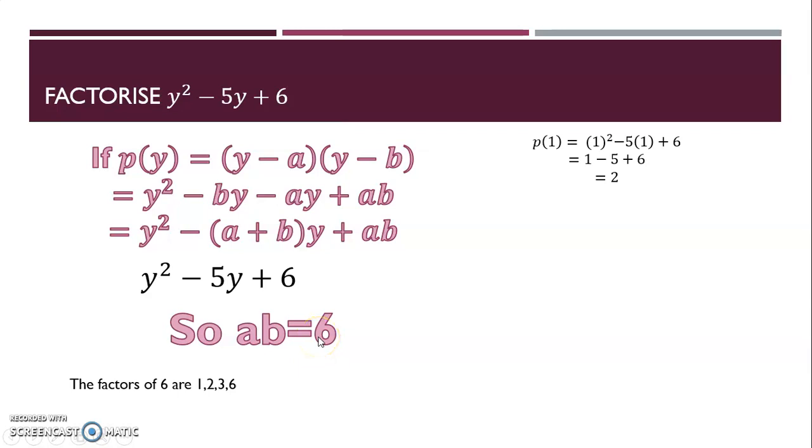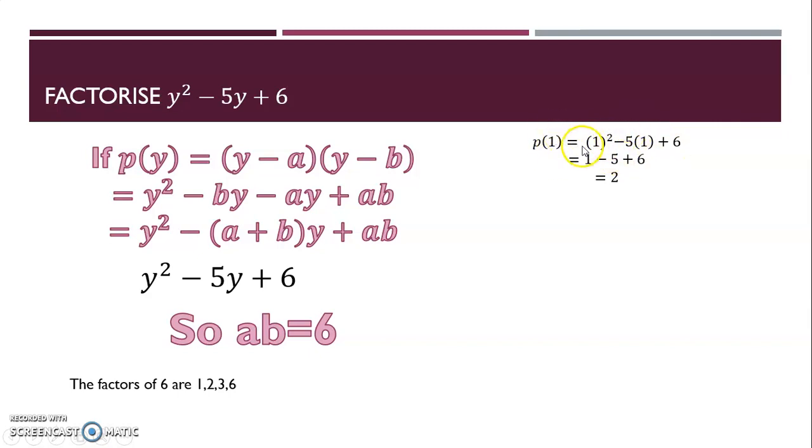So we are not sure which are the correct values of a and b, but we know that it is definitely two from these four numbers. So what do we do? If the value of a is 1, that is, if it is y minus 1, then y minus 1 is a factor of p of y, so p of 1 must be equal to 0.